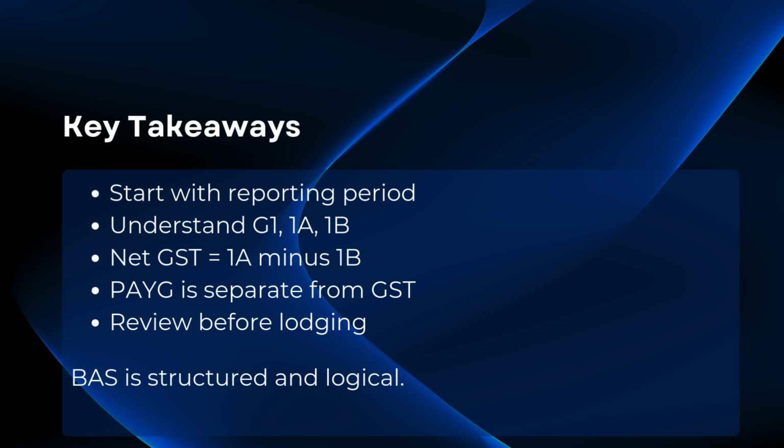Your net GST is 1A minus 1B. PAYG is separate from GST, and make sure you review before lodging. A BAS is structured, logical, and manageable, especially when you understand it.